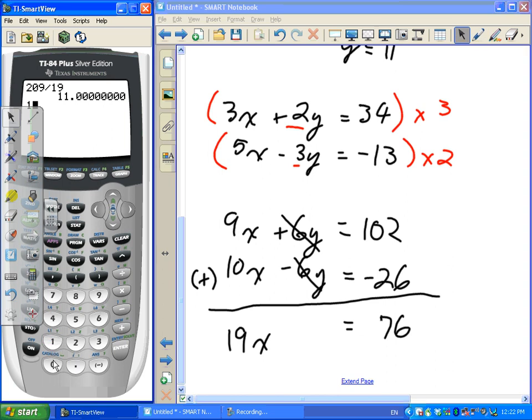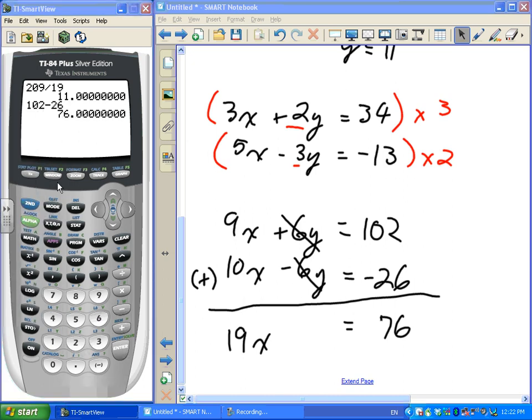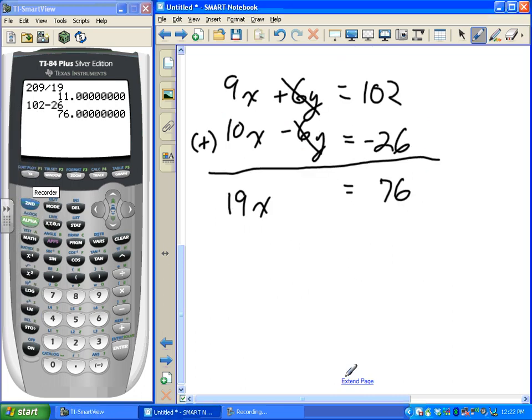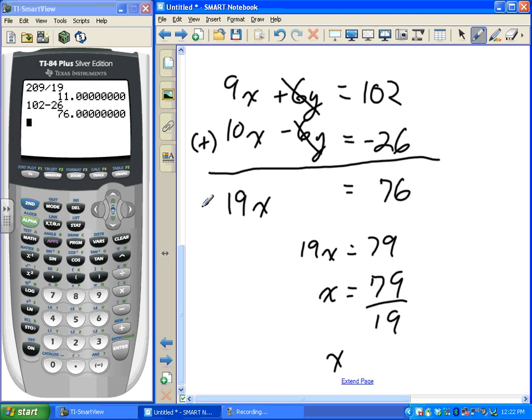Let's make sure. 102 minus 26. Yeah, so it's 76. Okay, let's just write these so they're closer to each other. 19x equals 76. I need to isolate for x. Divide by 19.